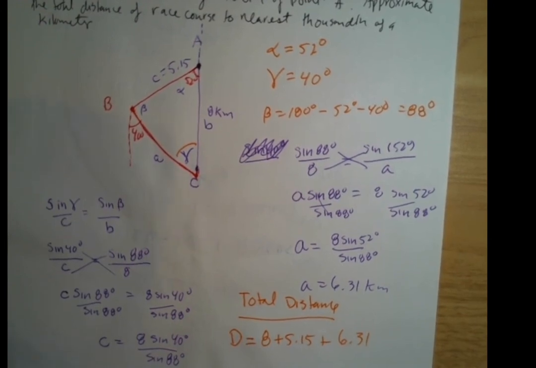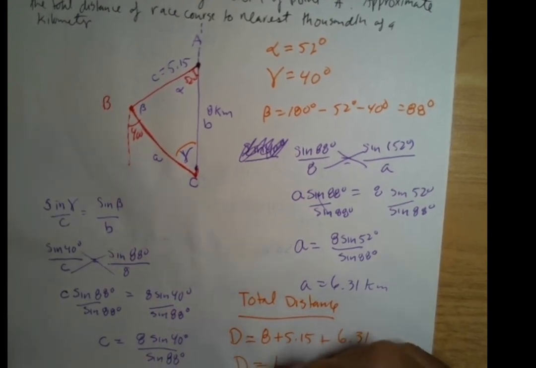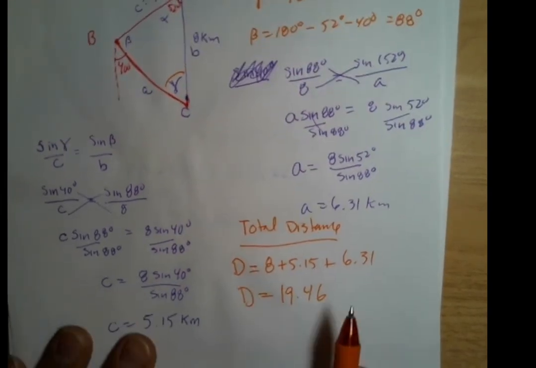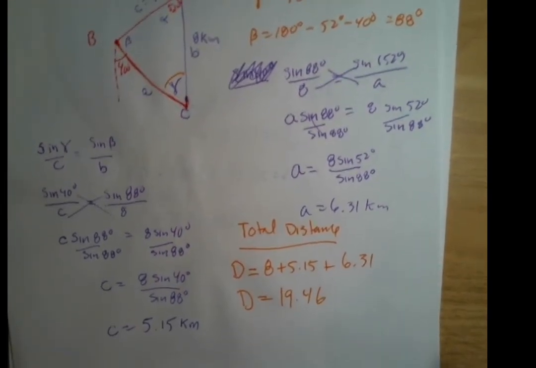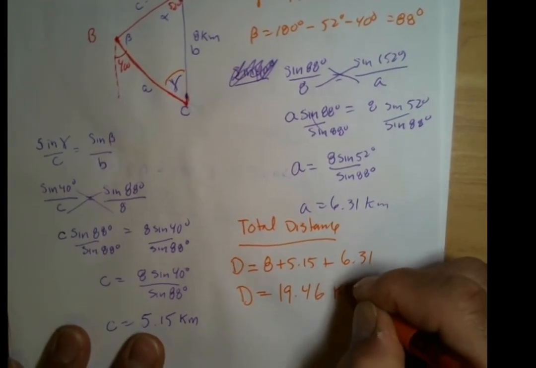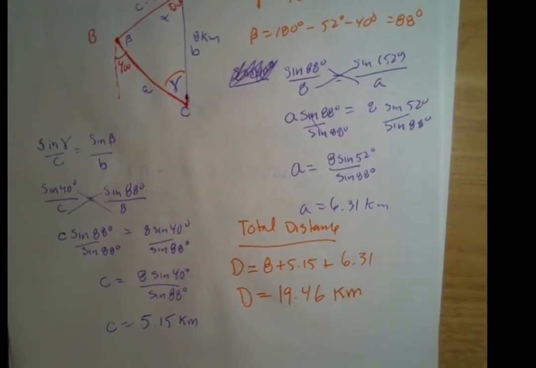So 8 plus 5.15 plus 6.31 gives a total distance of 19.46. And again, units: 19.46 what? Feet, centimeters? In this case, kilometers. Okay, and that's how we solve a bearing problem.